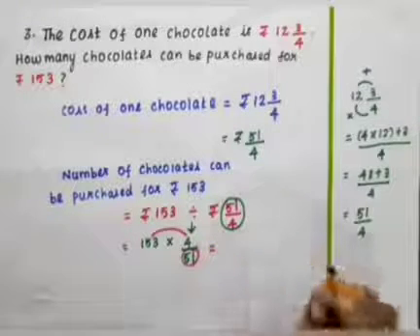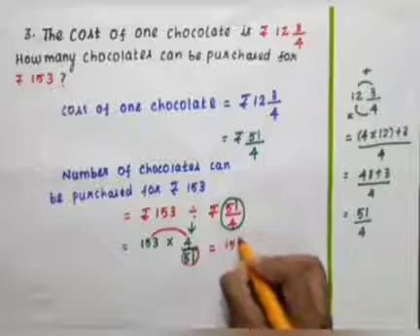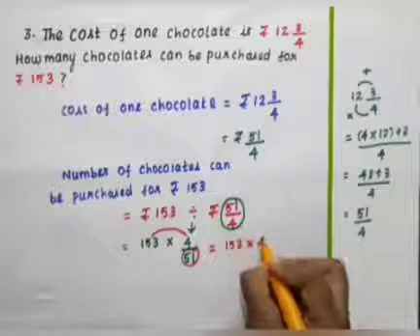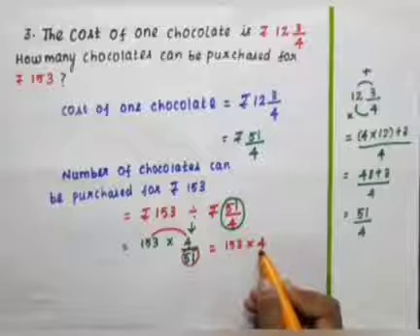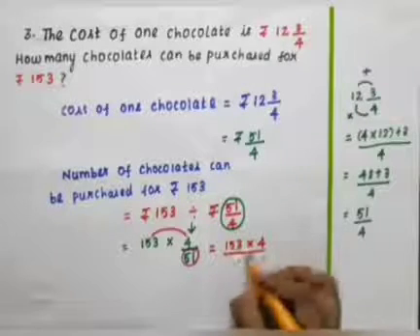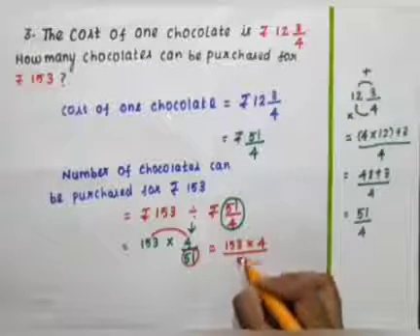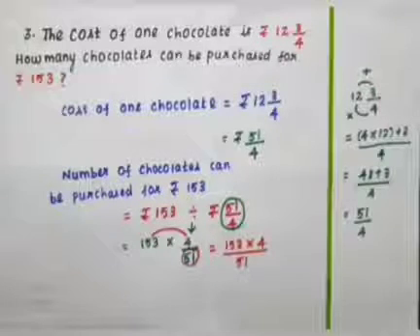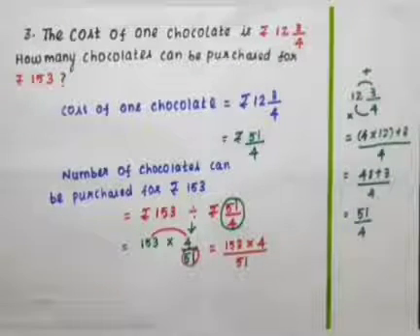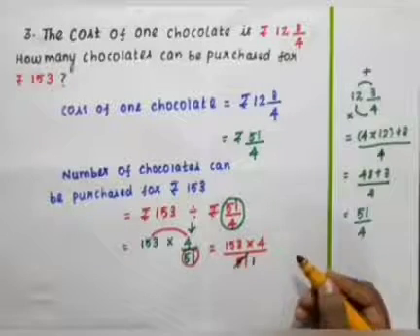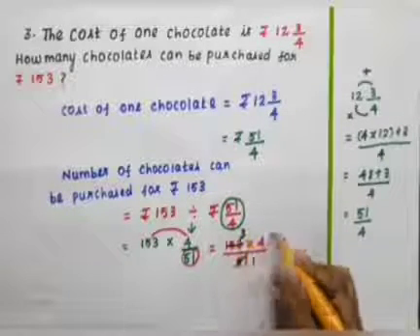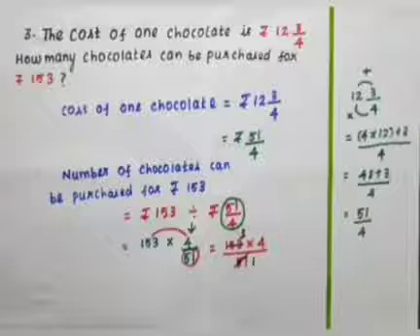This is equal to 153 into 4, that is, the whole number multiplied by the numerator of the fraction, divided by the denominator as it is. Now we have to simplify this. 1 time 51 is 51 and 3 times 51 is 153.